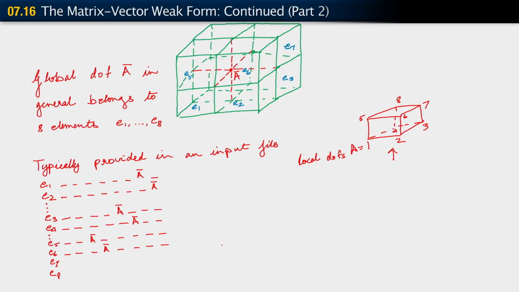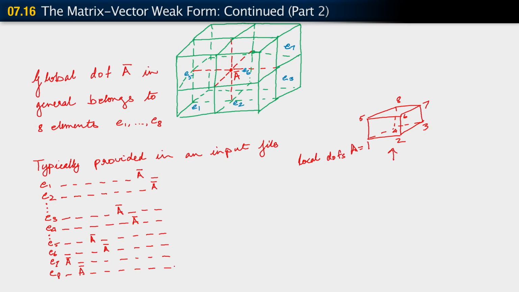For element E7, it is actually degree of freedom 1. So we have A bar, 2, 3, 4, 5, 6, 7, 8. And finally, for element E8, that is local degree of freedom 2. So we would have something else in position 1, A bar in position 2, then 3, 4, 5, 6, 7, 8.